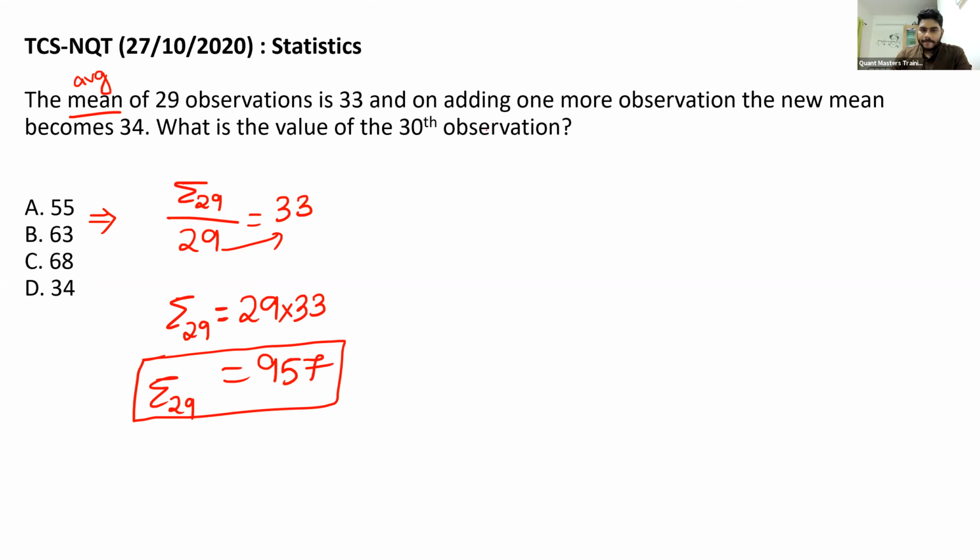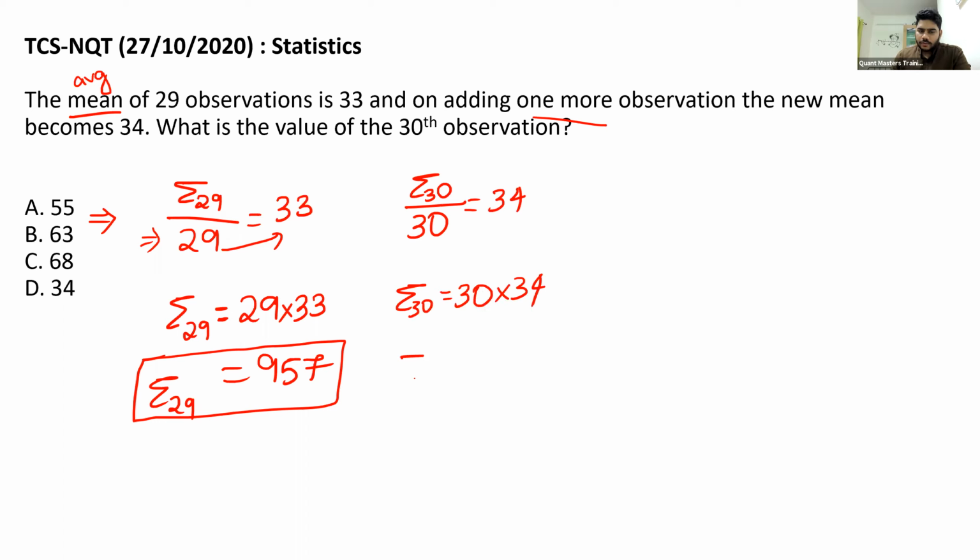Now they're telling on adding one more observation, which means initially there were 29. On adding one more, now there are 30 observations and the new mean becomes 34. So can you tell me what is the sum of 30 observations? Sir, sum of 30 observations will be 30 into 34.